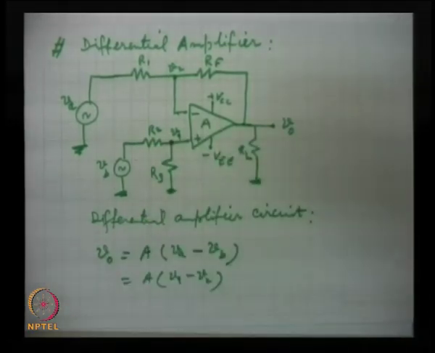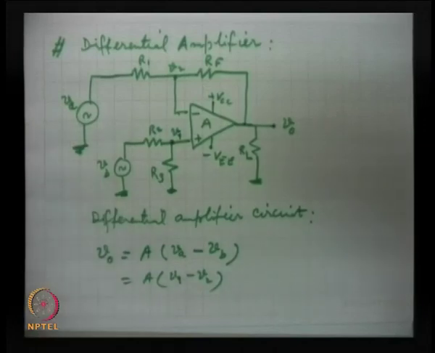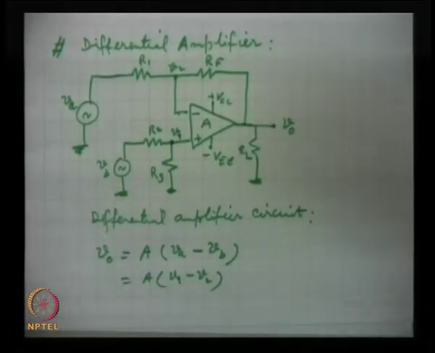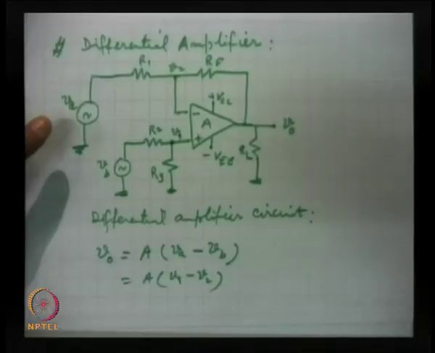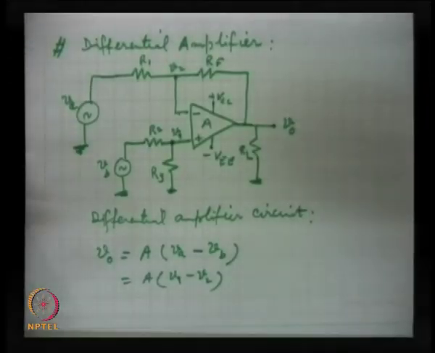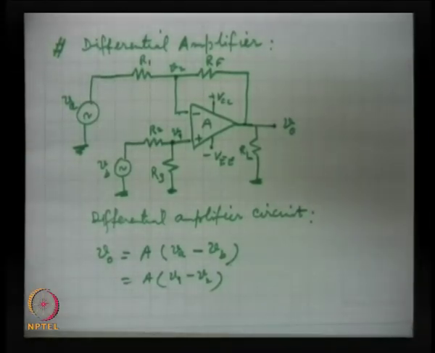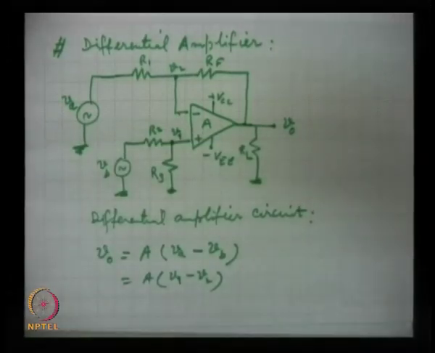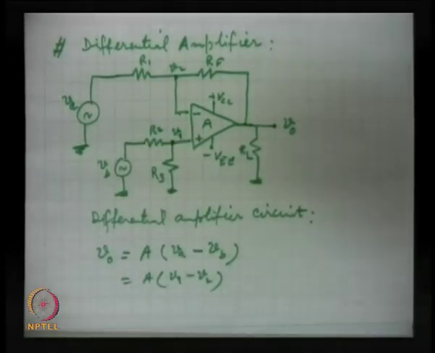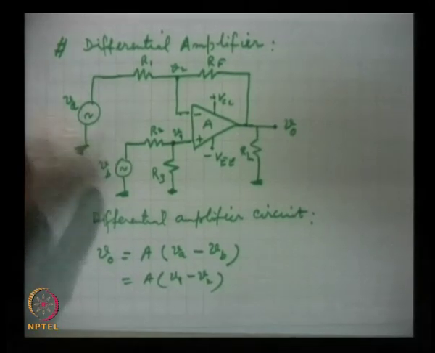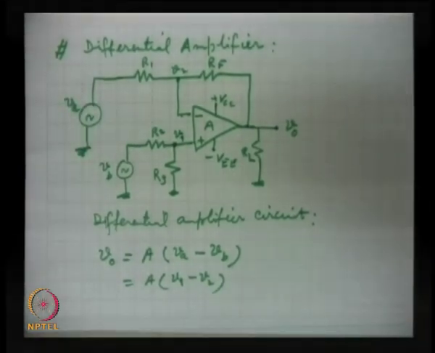Now, to study these two signals, again we take help of the superposition theorem. In such cases, it always pays to apply the superposition theorem, and we will take one input signal active at a time, the other will be grounded. We will see what the output of that is, and then the other will be activated and the first one will be grounded.